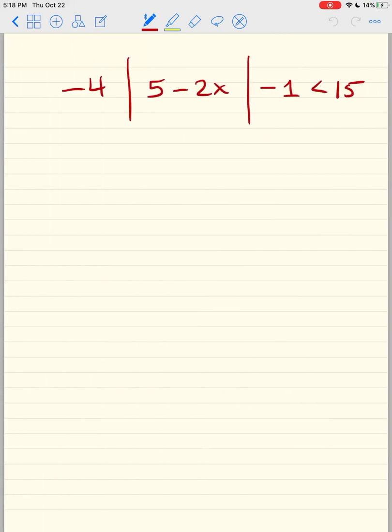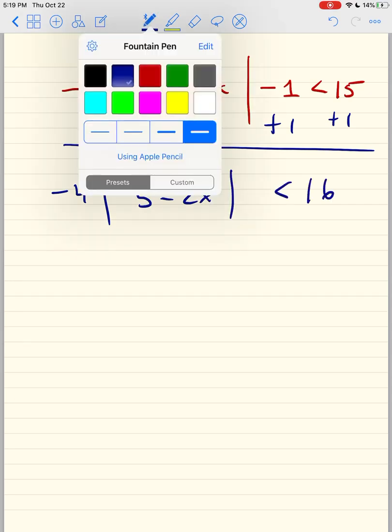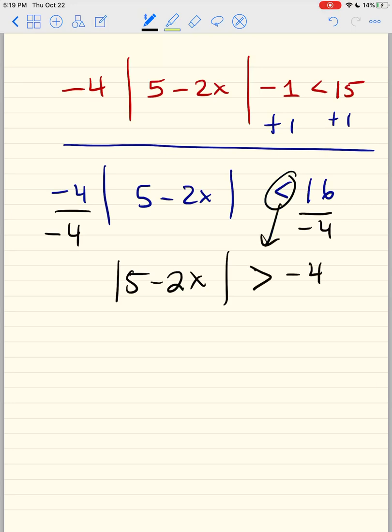Okay, this is the hardest one that I can come up with, but it's really not. You're going to add 1. And I'm sure your algebra teachers who taught you this told you, anytime you divide by a negative, like I'm doing here, I must, for inequalities, change this arrow to this way, and then negative 4.